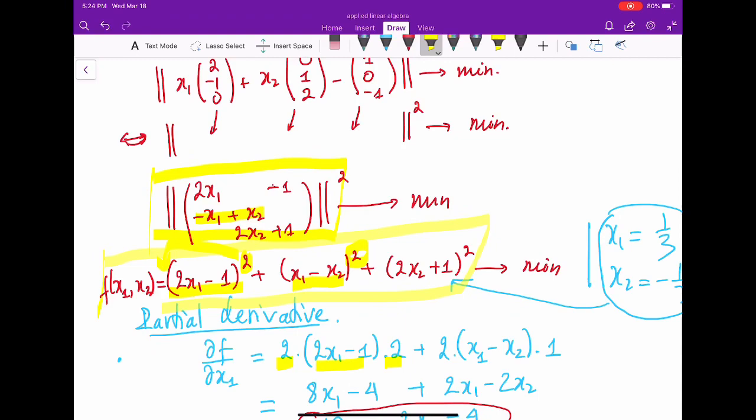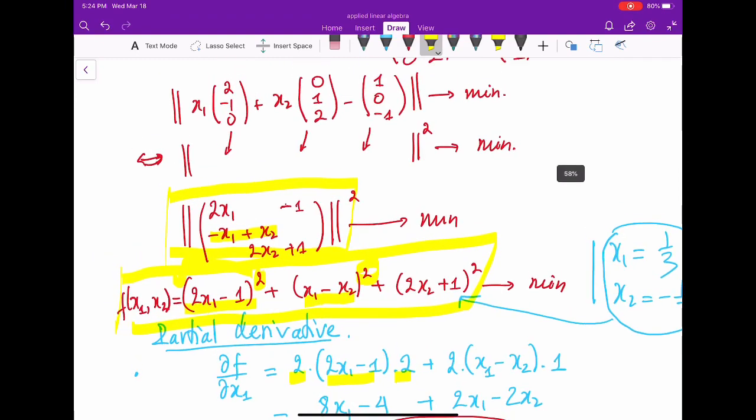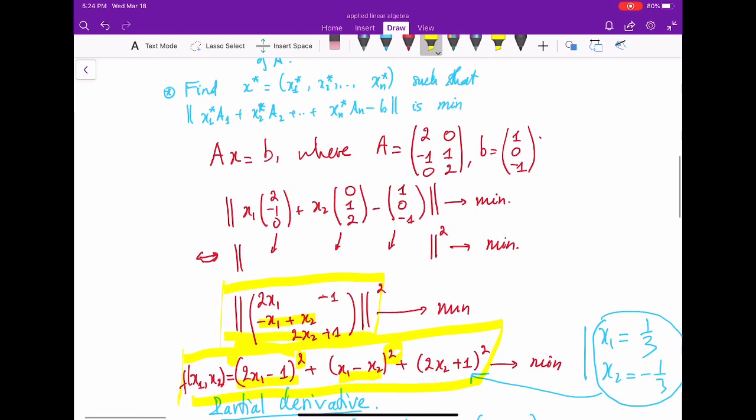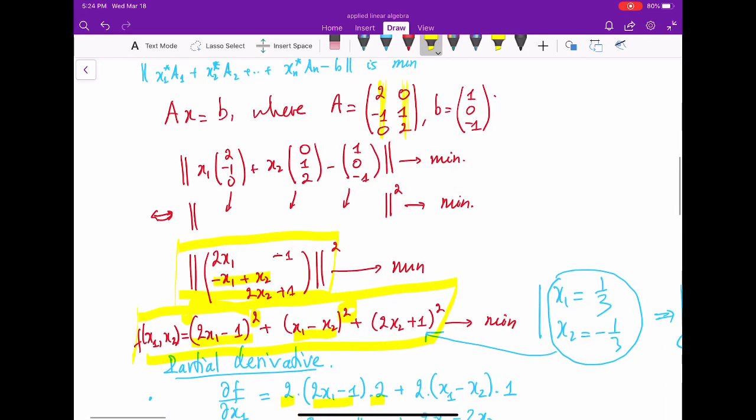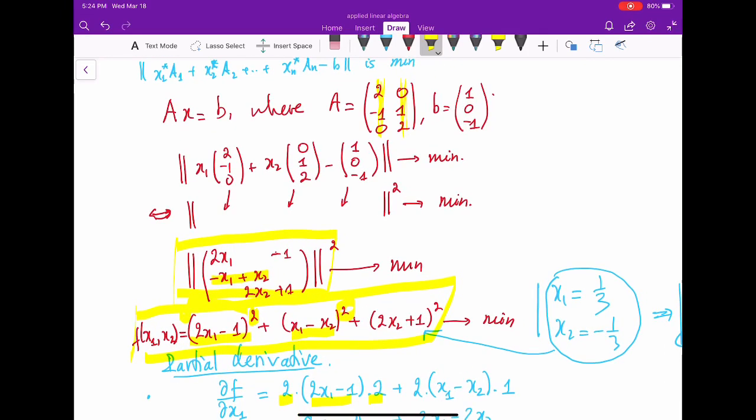Make sense? And let's mention one more thing. Our matrix has two columns. You see this? So that's why, at the end, we will have two variables, x1 and x2.